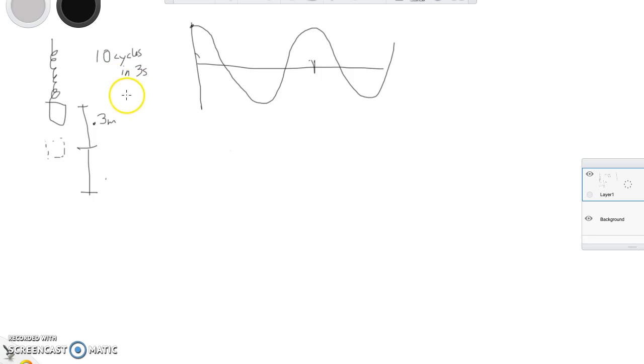Well, if it had 10 cycles in 3 seconds, then the period would be 0.3 seconds. Which means that for 1/2 cycle here, that would be 0.15 seconds. What would be our amplitude? It would be the height that it's been lifted, or 0.3 meters. So that's negative 0.3 and positive 0.3.